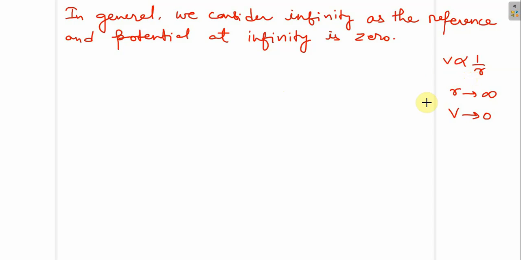Now if we consider this, then what will be V? We don't have 2 points for VB minus VA, since at one point it is 0. So the value of V in that case will be q upon 4 pi epsilon 0 r after considering this assumption.